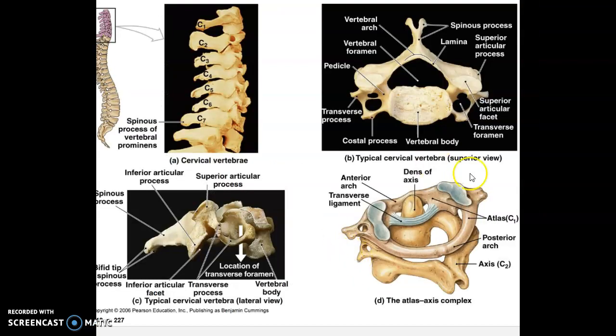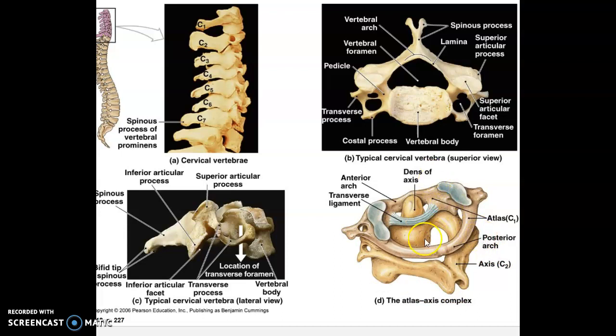So looking at this picture, we can actually see the C1 vertebra called the atlas, and the body is right back here, which is lacking, but we can see that it does pivot around the C2 vertebra called the axis.